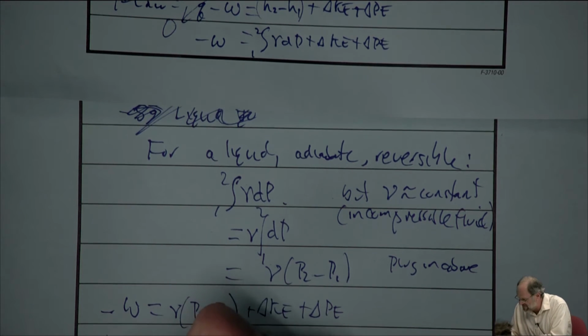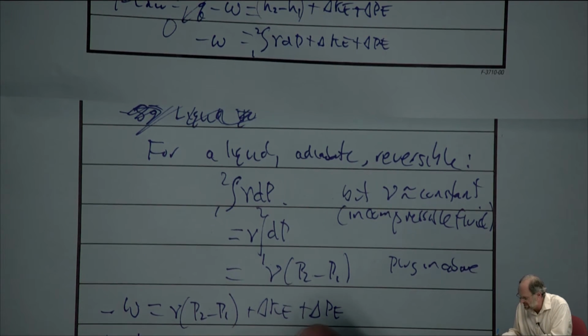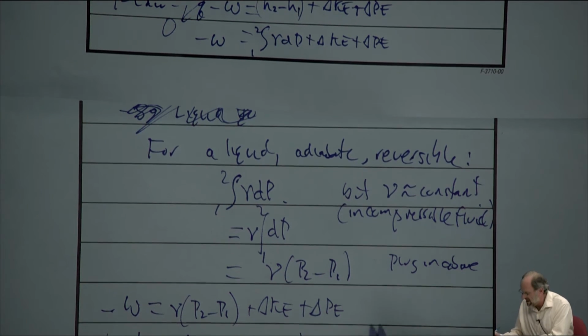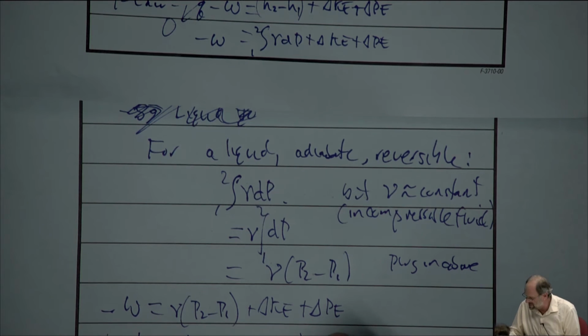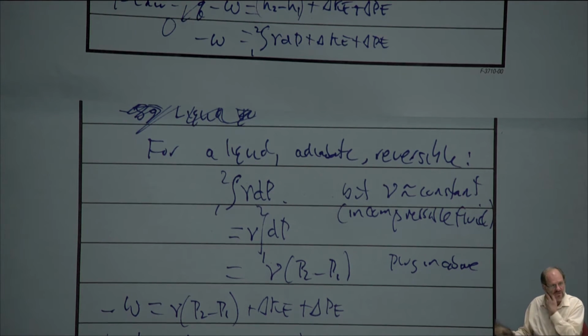Now, if we look at the absolute value, in other words, the work input, then this is just V times P2 minus P1. Now, I will note that V2 and V1 are the same. Usually, we're going to know thermodynamic state point 1, so usually I would just put a subscript 1 there, to remind us that we want to find this data at point 1.